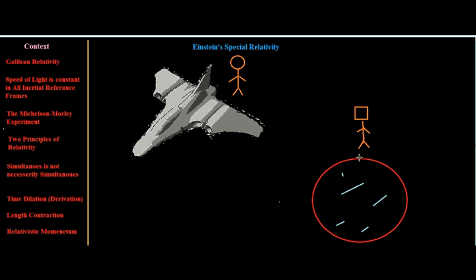But the person on the planet thinks he's at rest, and the spaceship is moving. This is basically the gist of Einstein's first principle.